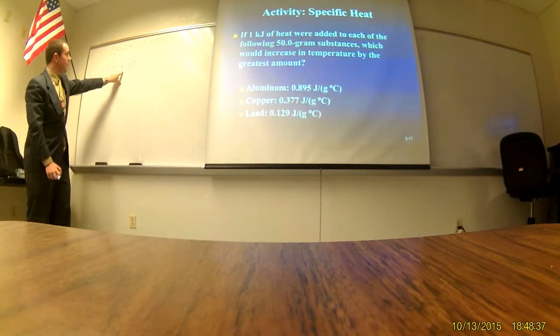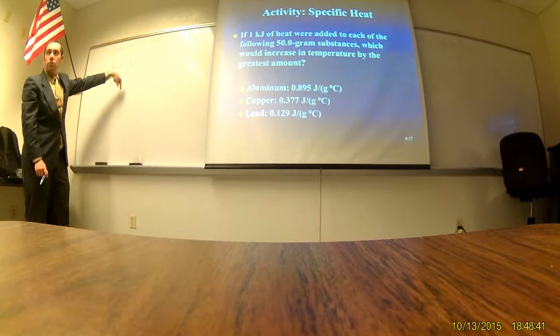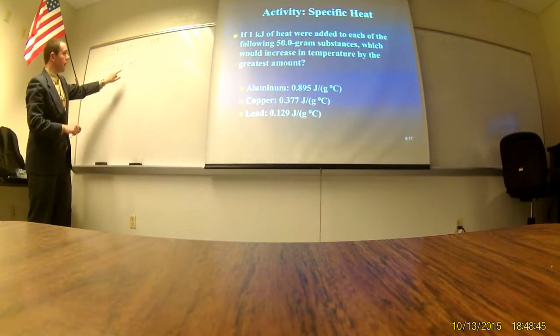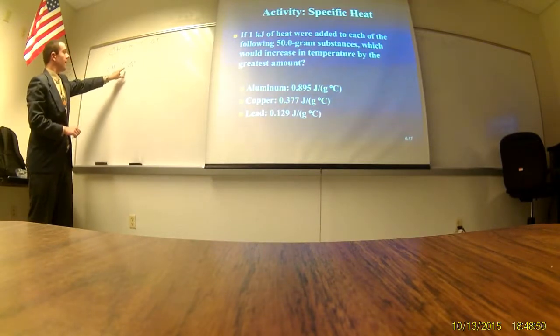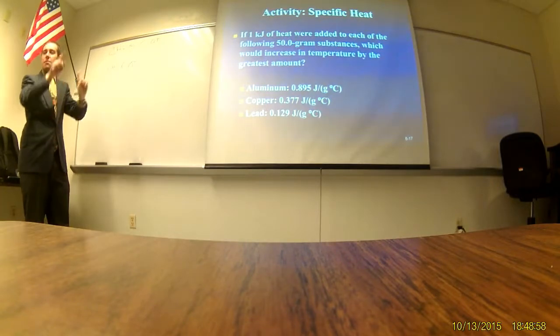As C goes up, what direction does delta T go? Down. They have to go in opposite directions. So what's going to have the largest delta T? The highest C or the lowest C? The lowest. We just said they go in opposite directions.